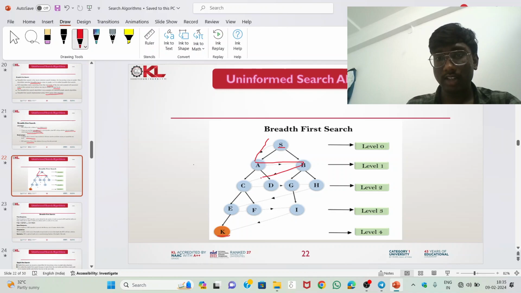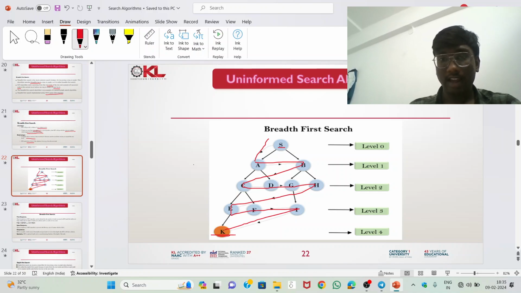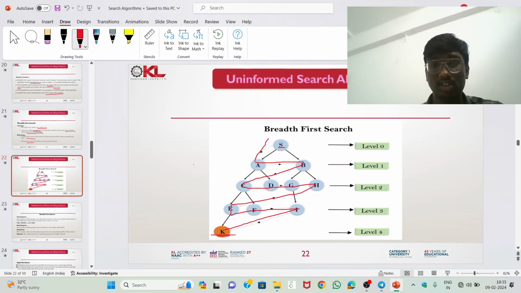Then go to the next level: C, D, G, H. We do not find our goal. So again go to the next level: E, F, I. Still we didn't find our goal. Then again go to the next level, and we find the goal. Stop the process here. Like this, we use breadth first search.